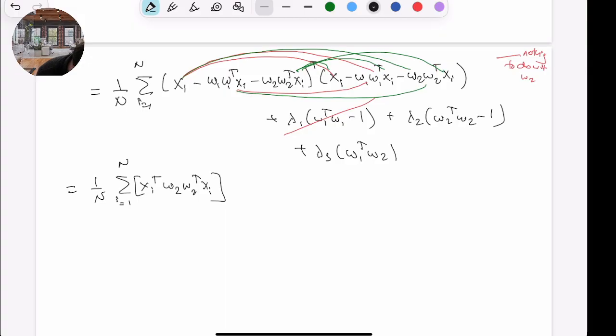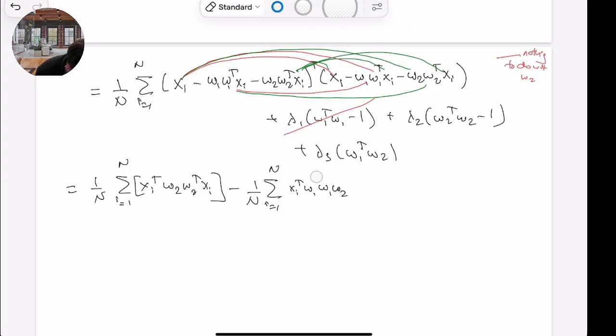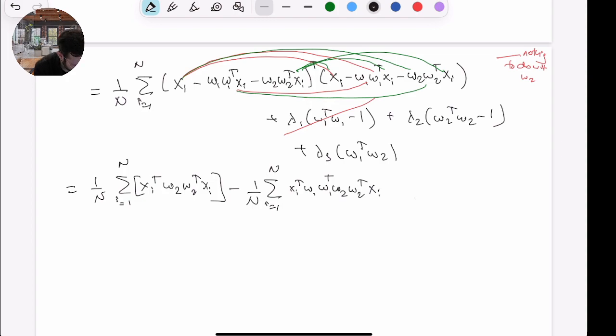For the second one, I have one term that starts from this guy, so I have minus 1 over n, summation i equals 1 to capital N, x of i transpose W1 transpose W1, and it goes to W2. Sorry, I had to take the transpose of this. W1 transpose W2, W2 transpose x of i. Okay, so I have this.